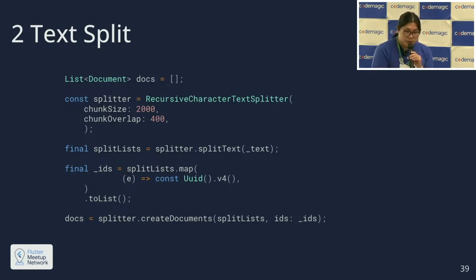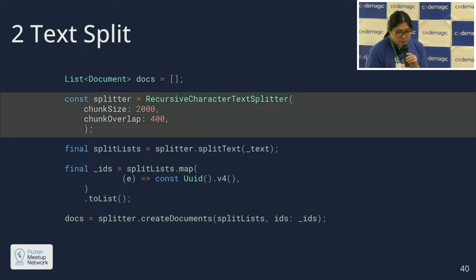This code creates documents by cutting the text read from the PDF into chunks. There are two ways to split the text into chunks: the character text splitter and the recursive character text splitter. This time I used the recursive character text splitter to split the document.